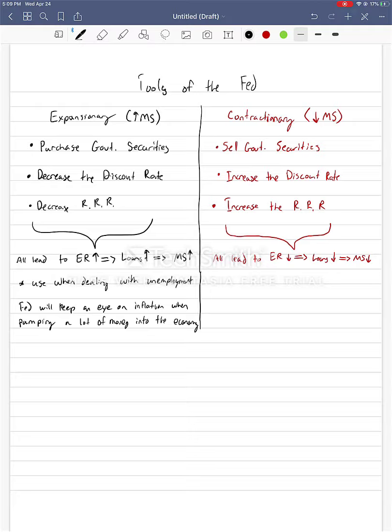Once again, high unemployment can occur anytime our GDP is below our potential. You know that you're in a recessionary phase.